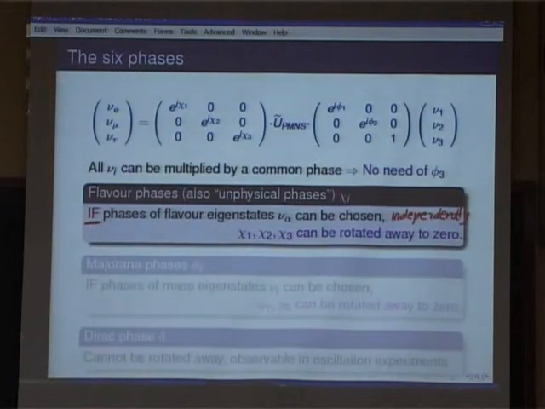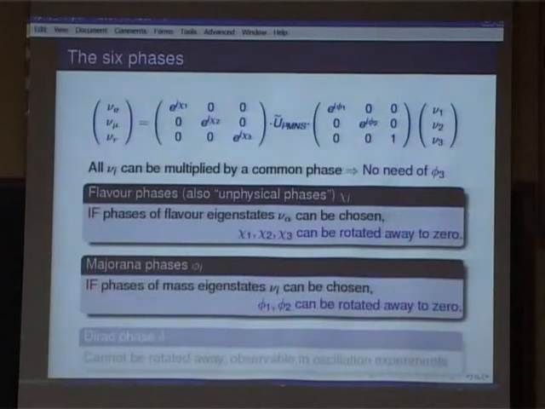Now these column phases are the so-called Majorana phases. Again, this was an Italian guy, therefore Majorana. Is there some way we can get rid of these phases? The claim is the following.